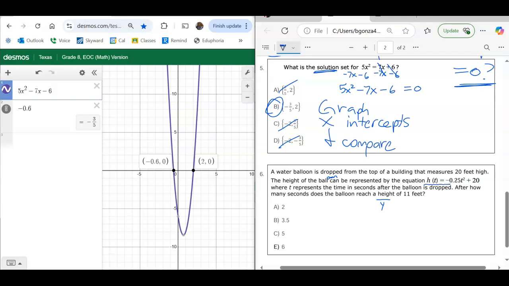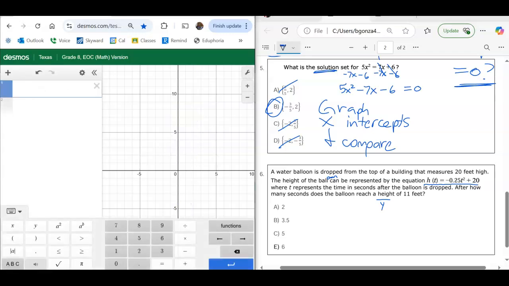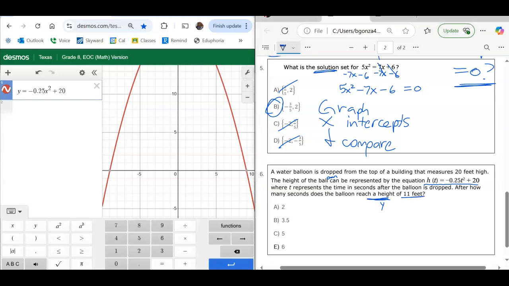So I have my equation, h of t, or y, equals negative 0.25x squared plus 20. Okay, now you can do some sleuthing around here. If I'm looking for the height of 11, all I got to do is go over to where 11 is and go straight down, and the x value right there would be 6.